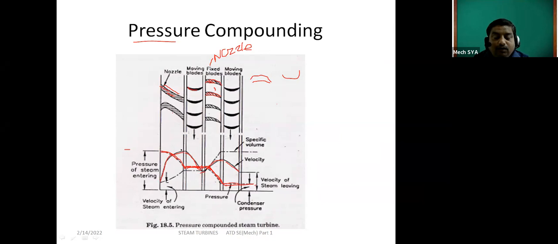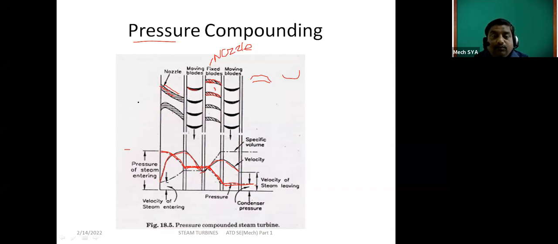Then in the moving blade, it decreases because it is losing its motion. The fixed blade is again a nozzle, so velocity will again increase, and then in the moving blade it decreases. The pressure is decreased continuously, so the output velocity we get will also be less. We are absorbing energy, either pressure or velocity, so that at the output we can get a controllable velocity.